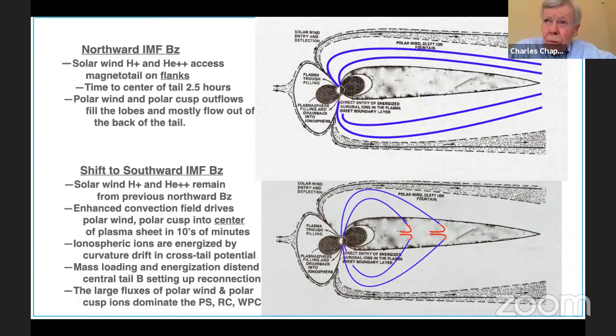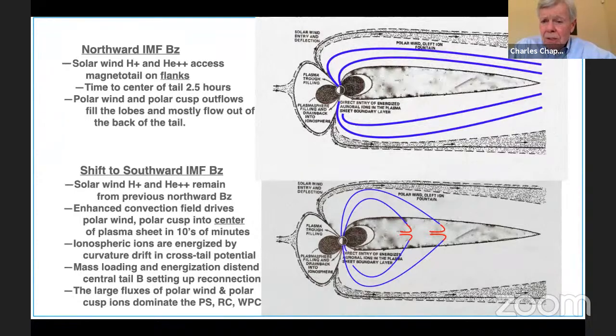But in terms of when reconnection happens, what this scenario shows you is how the plasma sheet gets loaded up and gets ready for reconnection. But then the reconnection itself is more the reconnection part of the process and less of what I'm talking about. Am I making sense in what I'm saying?